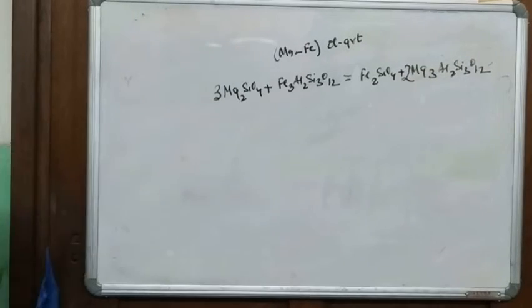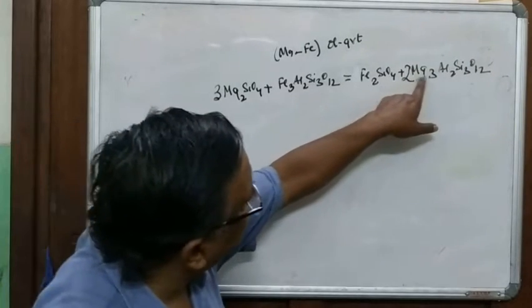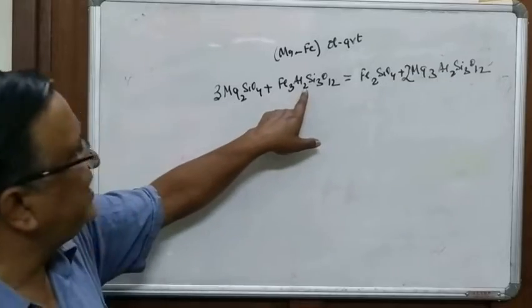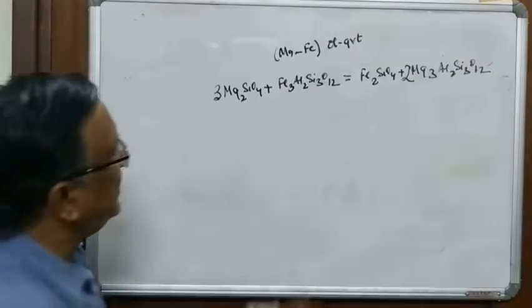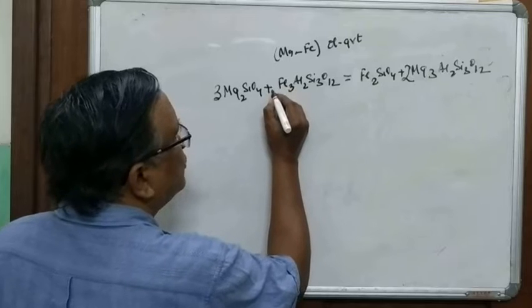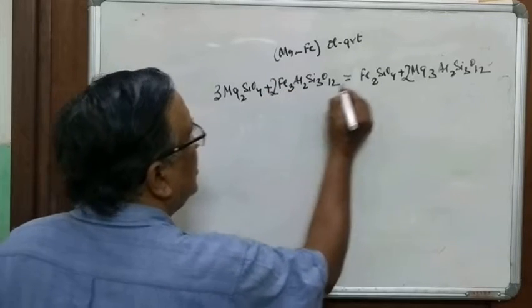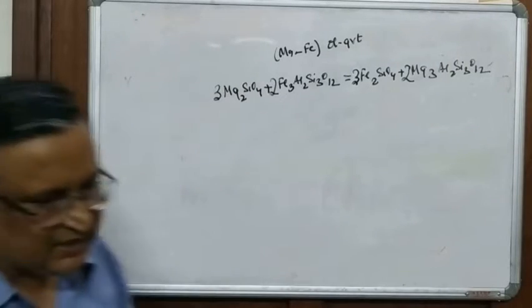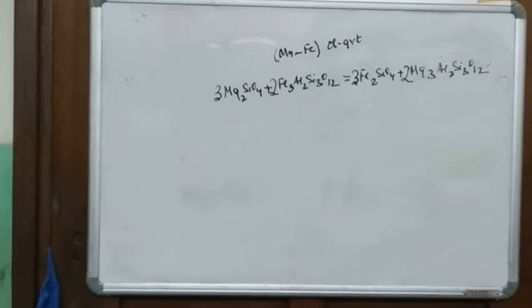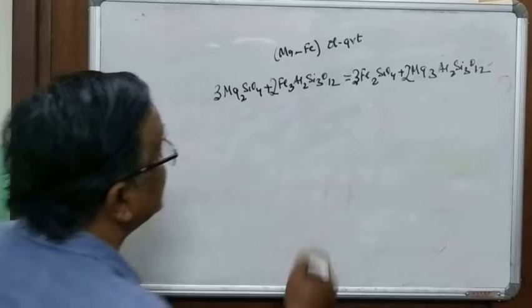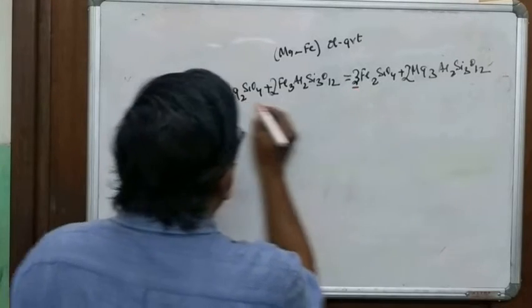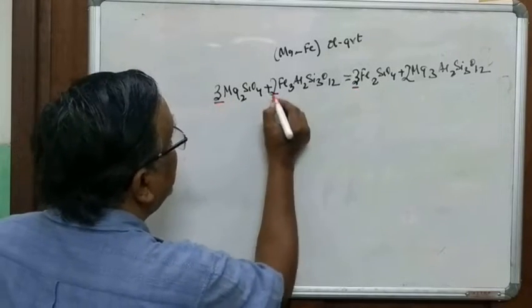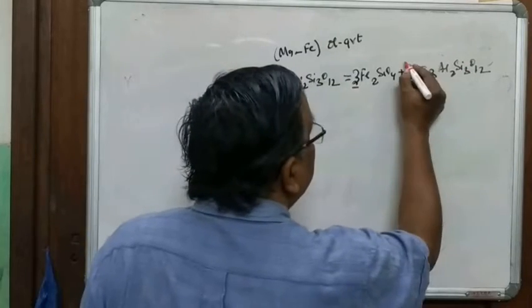But if you do this, then your aluminium here is 2 into 2, 4, but here it stays 2. So in order to balance it, you have to multiply this by 2 and this by 3. So this is a balanced reaction. Have you understood? I will tell you why I'm writing this. Here is the 3, and here is the 3, here is the 2, and here is the 2.